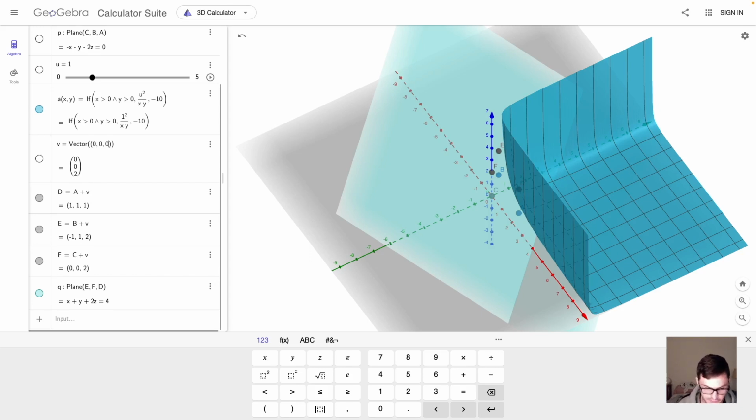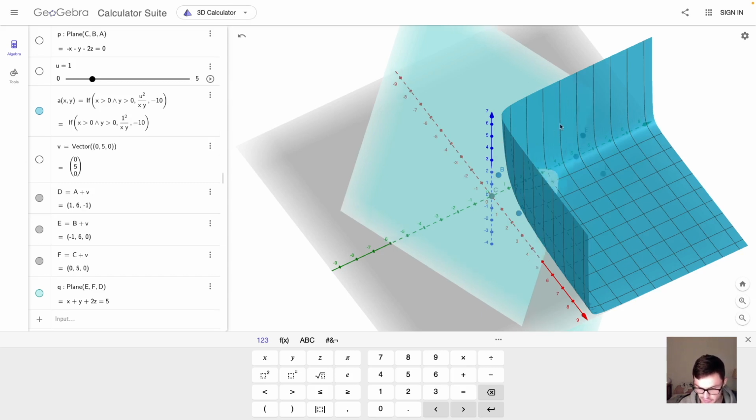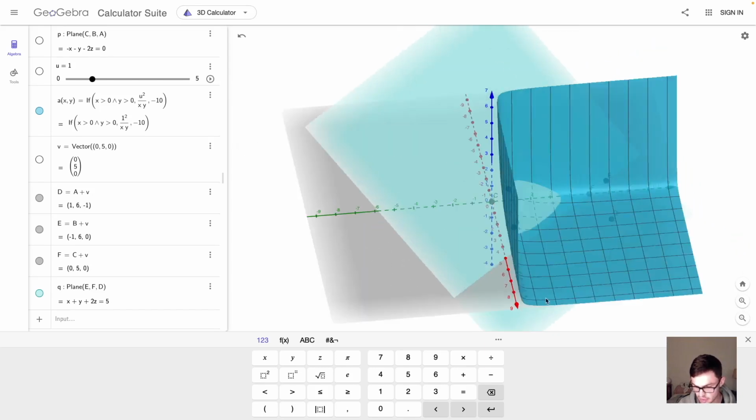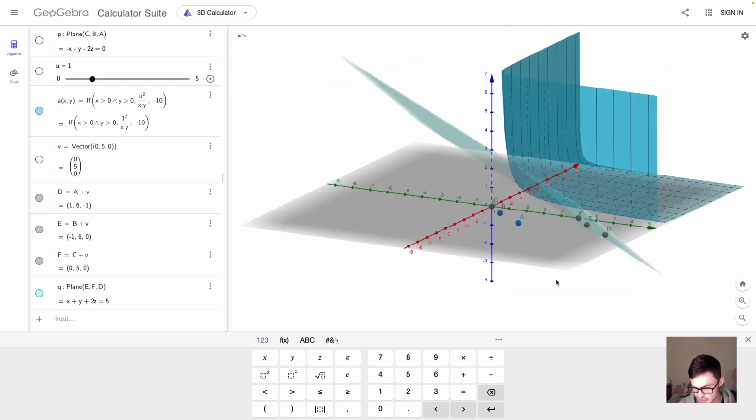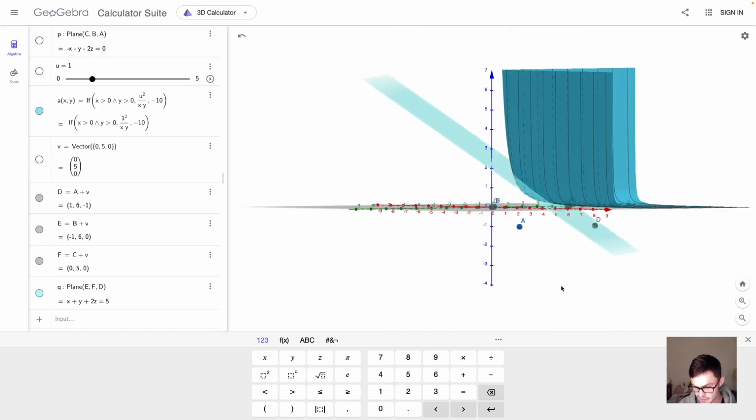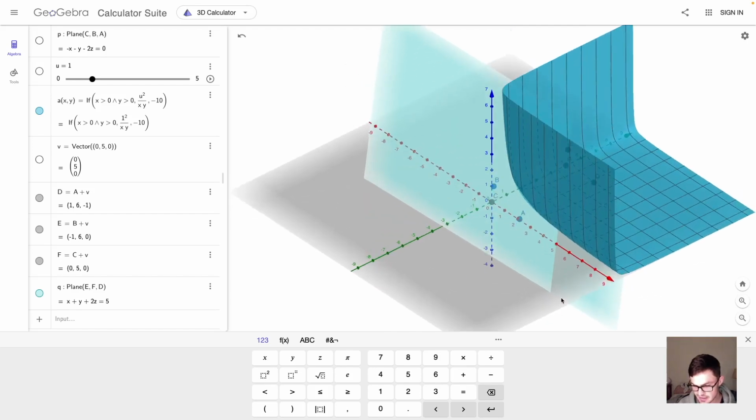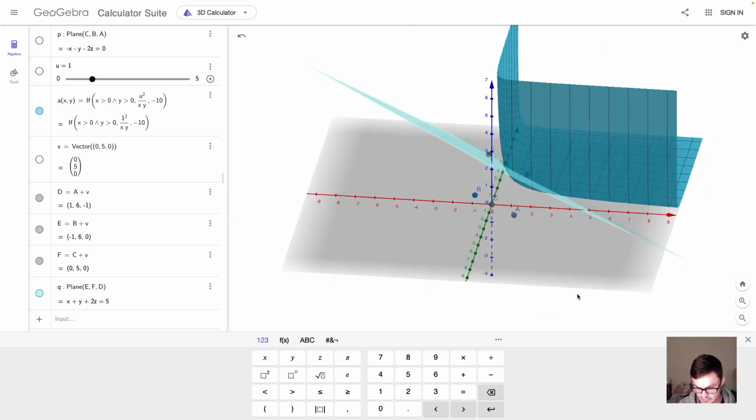But your buddy told you he's going to give you $5 in the good state and 0 in the bad state. So I'm just taking this vector and moving all of our baseline points over here now, right? So all of our starting values are over here, and that's what we're going to start with, right?